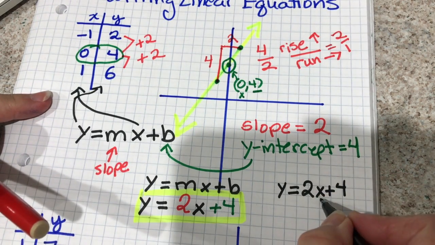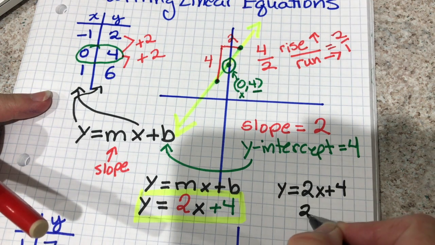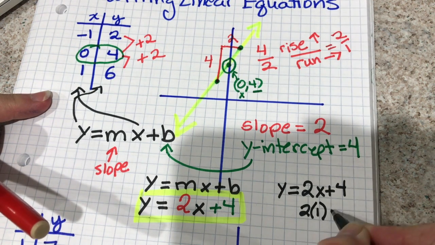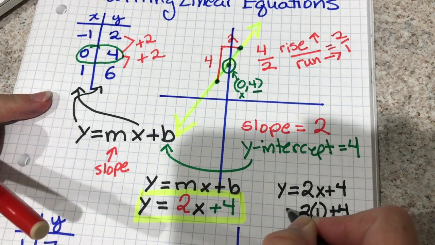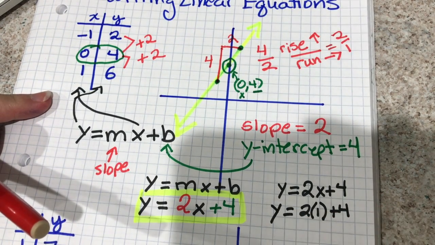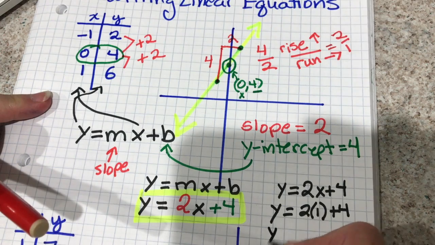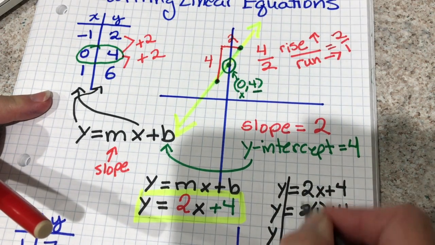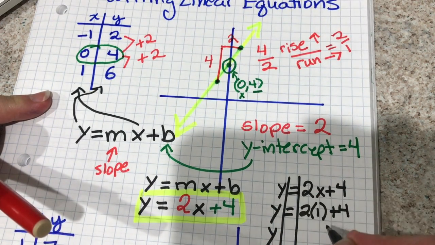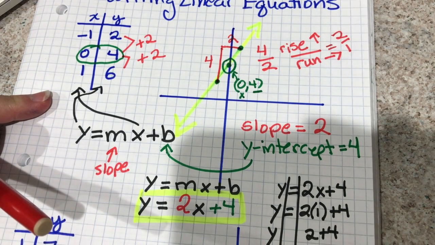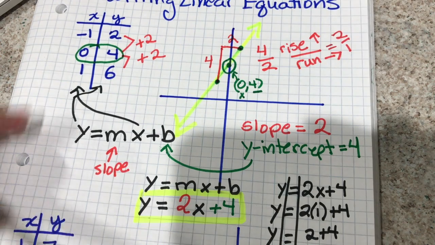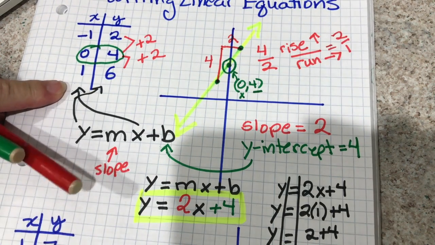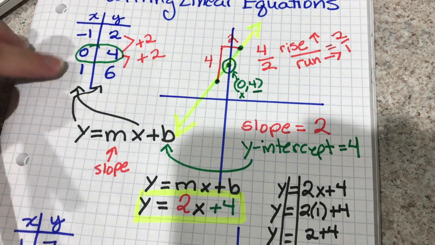If I substitute a 1 in for the x, I now have 2 times 1 plus 4. It should equal y. So if I continue solving, 2 plus 4 equals 6. So indeed y equals 6. And that's what we had up here in our table.